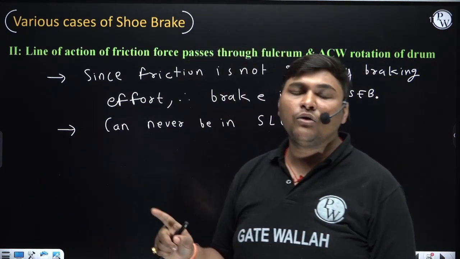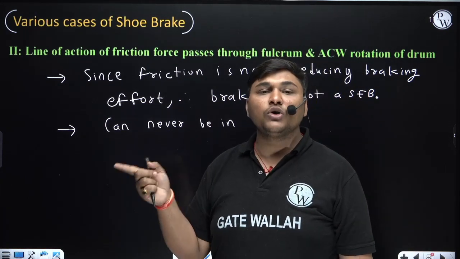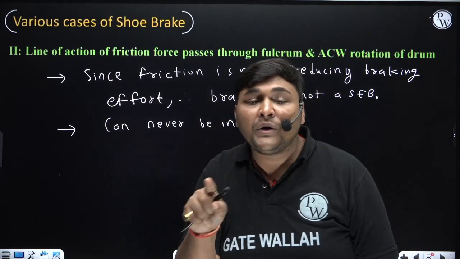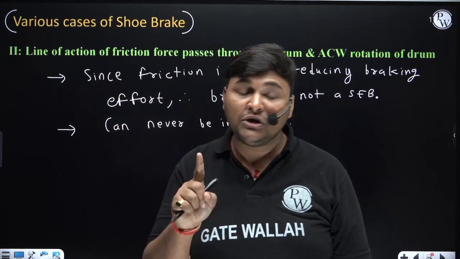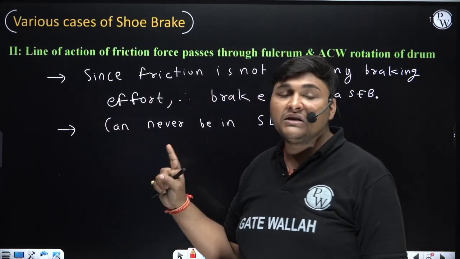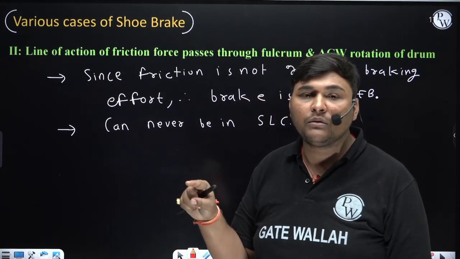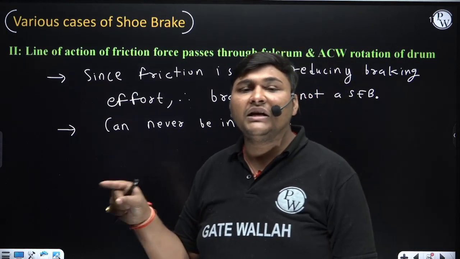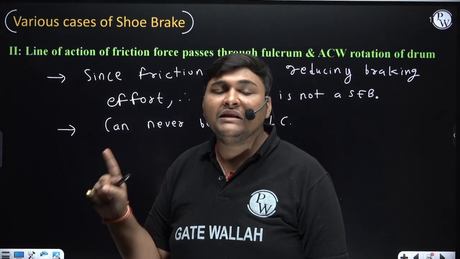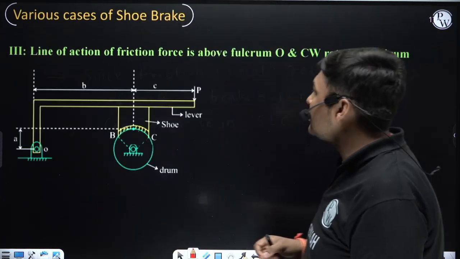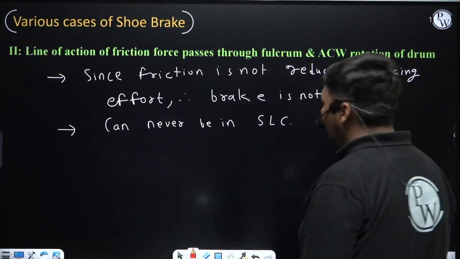So if line of action of friction is passing through fulcrum O, then that brake can never be a self-energizing brake, whether it is rotating clockwise or anti-clockwise. So this is a general conclusion.